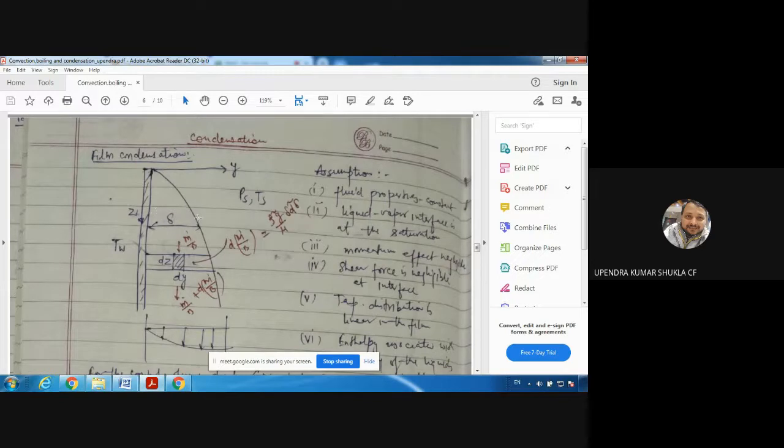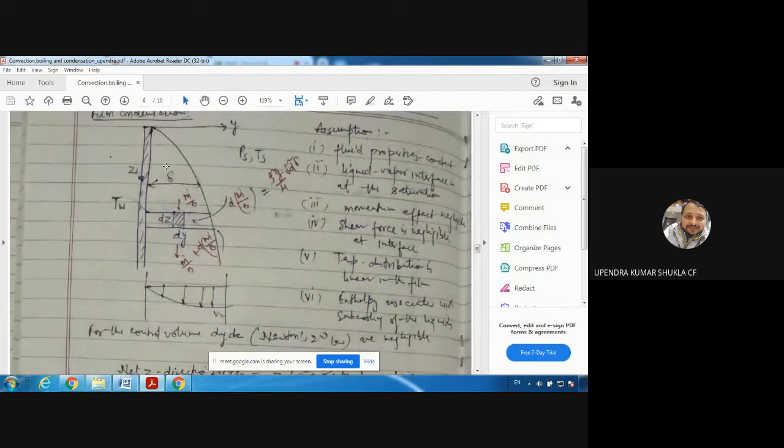Now, in the case of film condensation, we take some assumptions to analyze this film. Nusselt was the scientist who analyzed this in a very deep sense, and he took many assumptions. First, he took fluid properties as constant. This assumption is pretty good. Why?